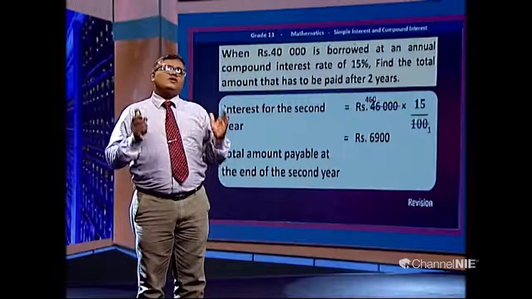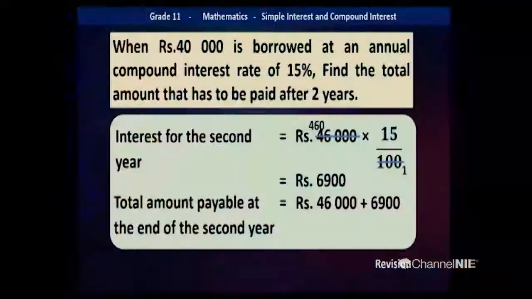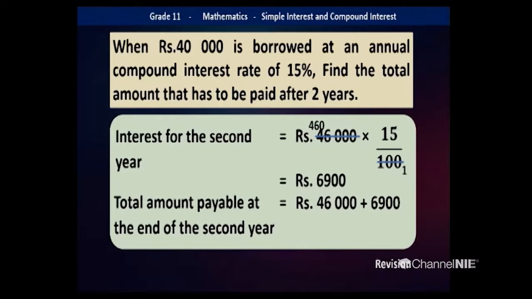Then we are going to find the total amount. How to find the total amount? First year interest is 6,000, second year interest 6,900. The principal amount is 40,000. Then 40,000 plus 6,000, 46,000 plus 6,900, 52,900. Now can you remember what we did?